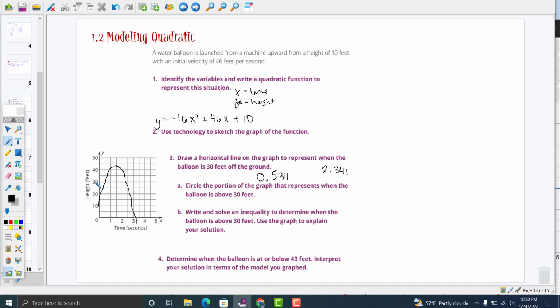And so at 30 feet, it'd be right about here. And this is the roughly 0.5.